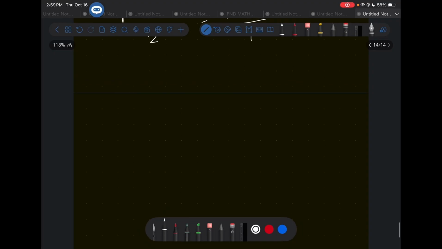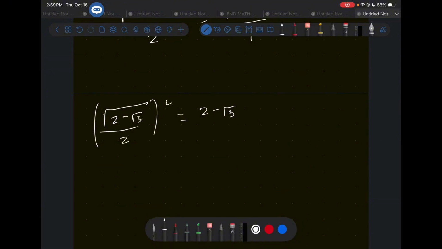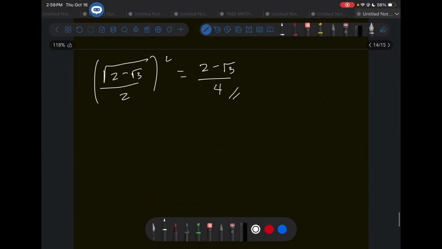So let's say square root of (2 minus square root of 3) over 2. So you need to square this. So it's gonna be (2 minus square root of 3) over 4. So keep this in mind. Now we also square the other one. Square root of 6 minus square root of 2, over 4.